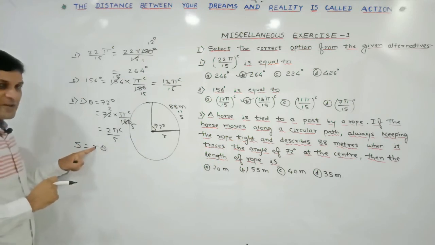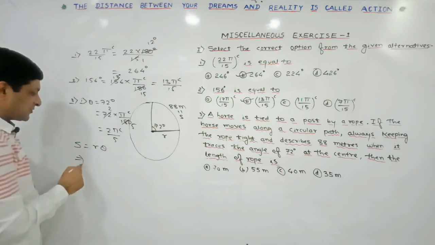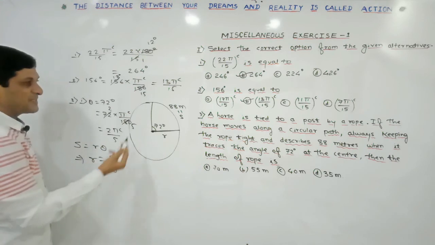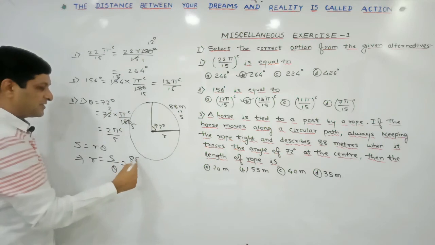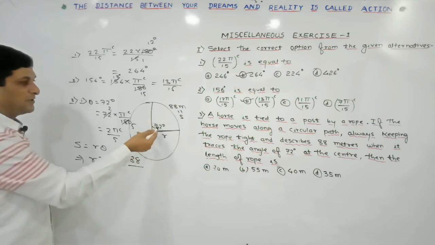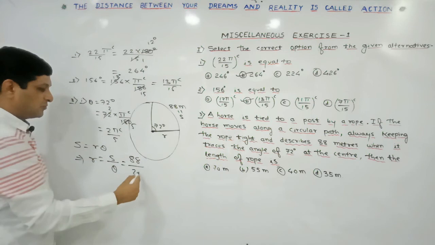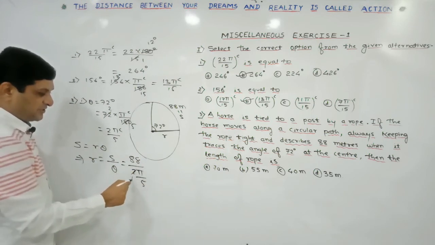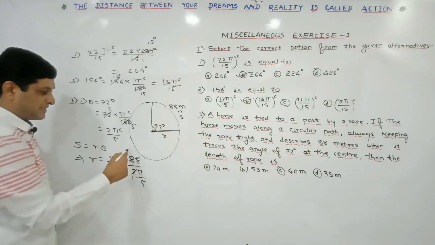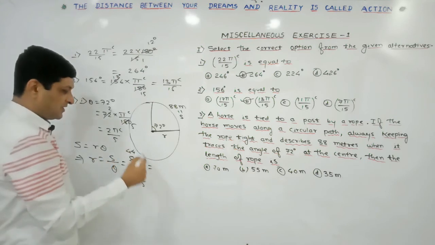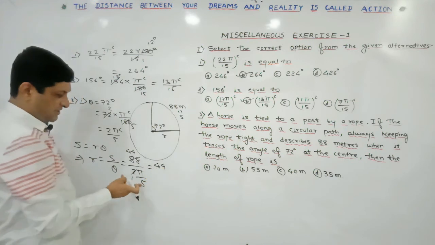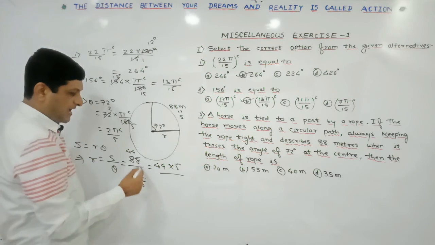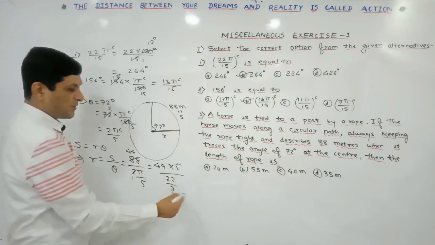We have to find the value of r. So take theta on this side. So r will be equal to S upon theta. S is equal to 88 upon theta. What is the value of theta? 2 pi upon 5. So here we can observe that these two numbers are divisible by 2, 2 ones are 2 and 2 44s are 88. So in the numerator we will get 44, this 5 will get multiplied to 44, and in the denominator this pi can be replaced by its value 22 upon 7.